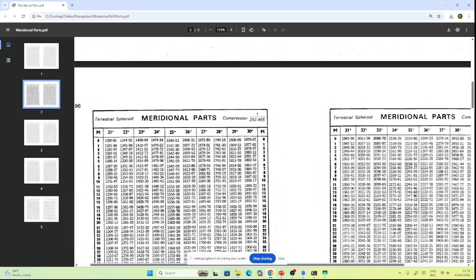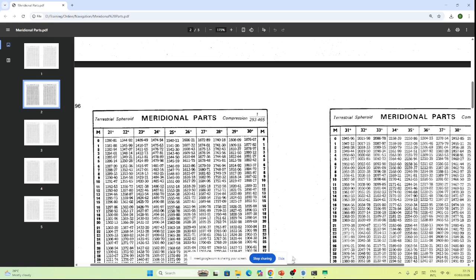MP of 28 is 1740 decimal 18. MP of 29 is 1808 decimal 09.